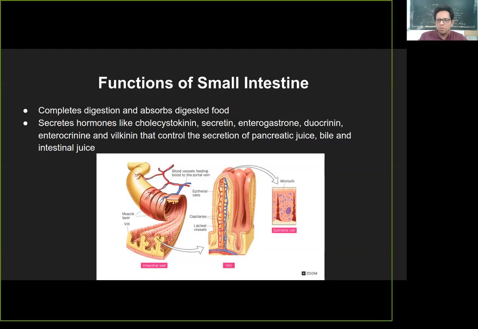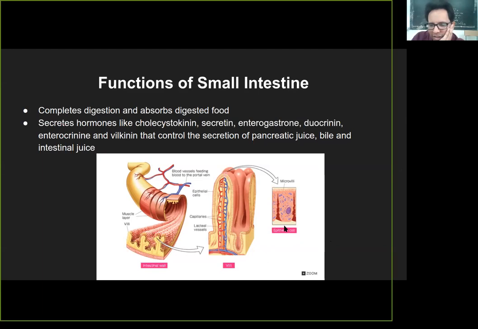So these different hormones secreted by the small intestine control the secretion of pancreatic juice, bile juice, and the intestinal juice. All the different juices are controlled by these hormones, and these juices, like I mentioned, have enzymes.